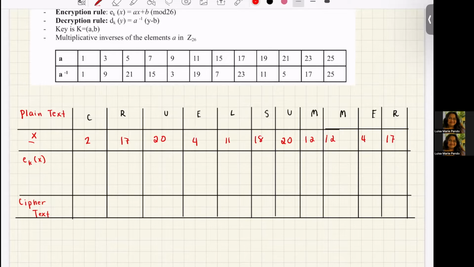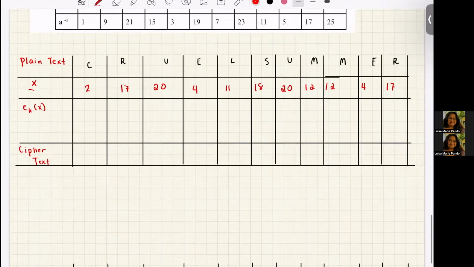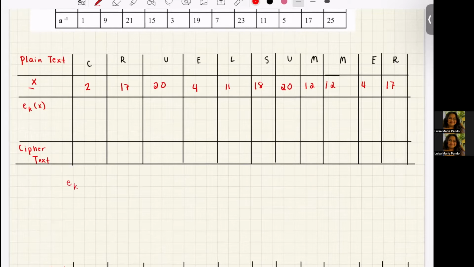So, di ba sabi ko earlier, let us get calculators para you can compute with me. This computation is very simple kasi nga it's like substituting each letter to where it's supposed to be. So, ang ating encryption rule, di ba, is, wait lang, lagyan natin dito, E sub k of x equals 3x plus 9.